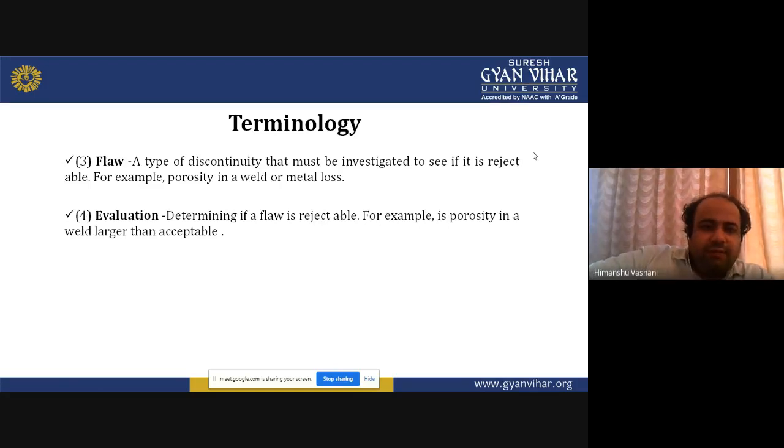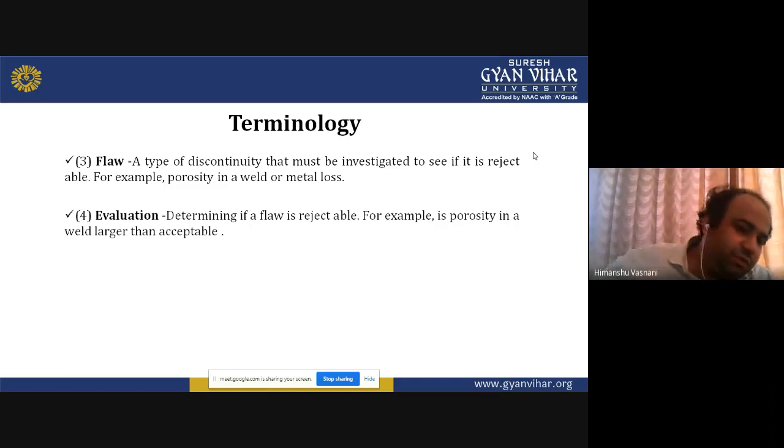Okay, like, see, if there is porosity in the weld. Porosity means some holes while welding, some holes are there in the weld. Is it acceptable or not? Okay, whether the holes are so big that the actual welding is weakened. If it is weakened, then there is a problem.